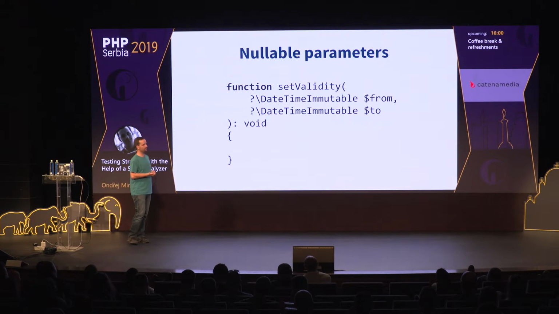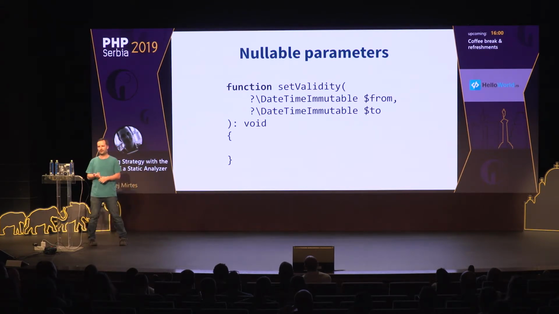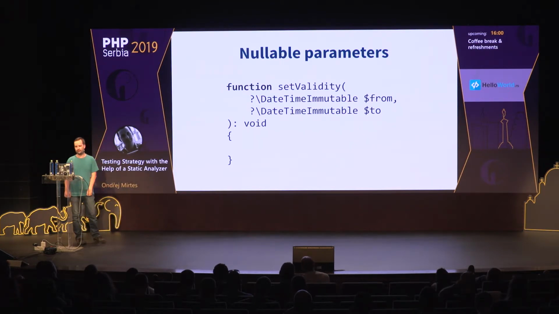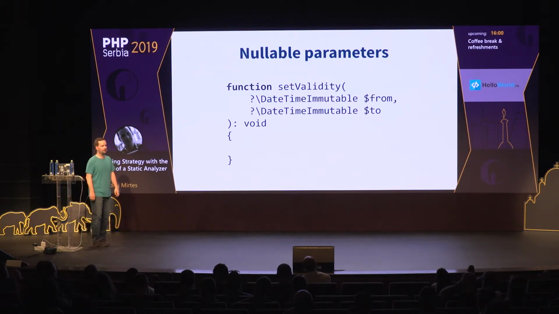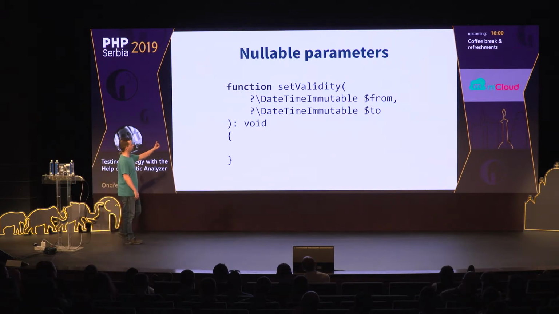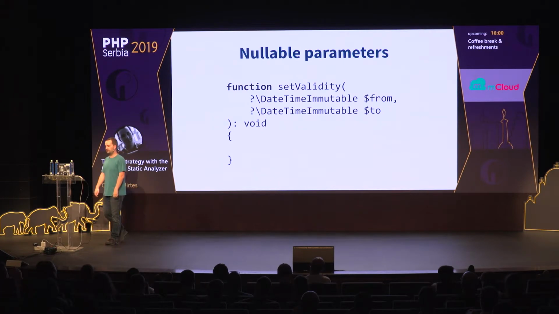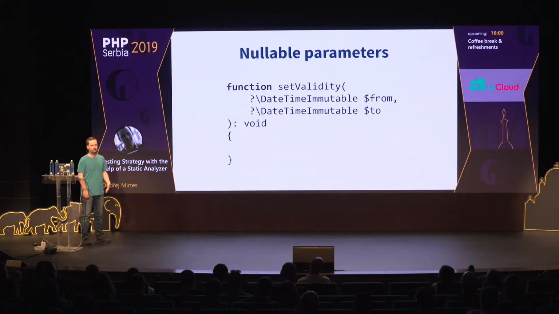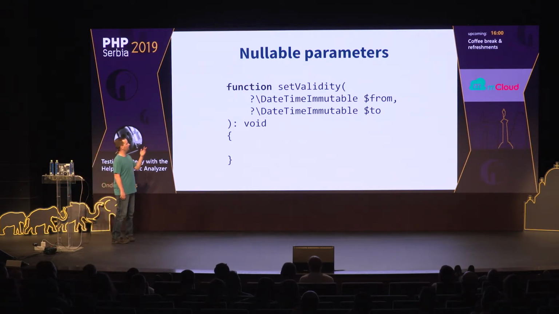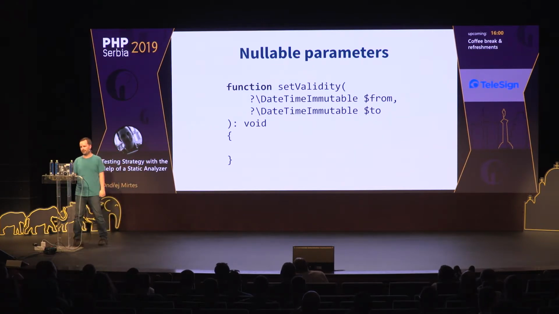So you should allow nullables in there, so a user can actually delete these values, for example, in a form to save this entity without those dates. The first solution that comes to mind is to add question marks, which is possible in PHP 7.1, and you make those parameters nullable, and this will allow a user or developer to remove these values from the entity.